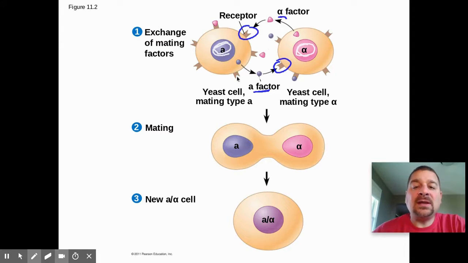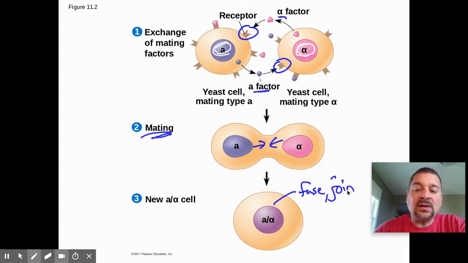They're releasing these little chemical signals, and when they get close enough, it will trigger a response where they grow towards each other, join together, fuse their nuclei, and join their genetics together. As they're living out in nature, these factors help them find each other. Once they're close enough, it helps them to grow together. So there's some kind of signaling done between these two types of cells to communicate in order to mate and create a new type of yeast cell.